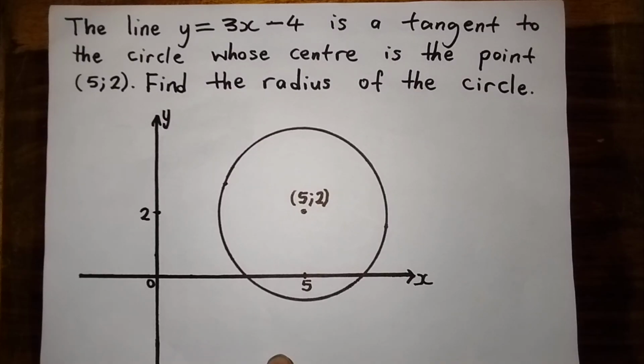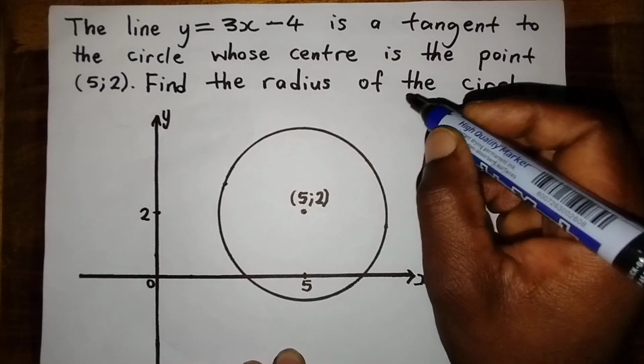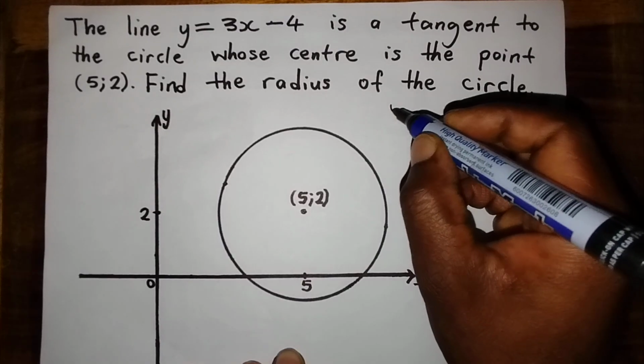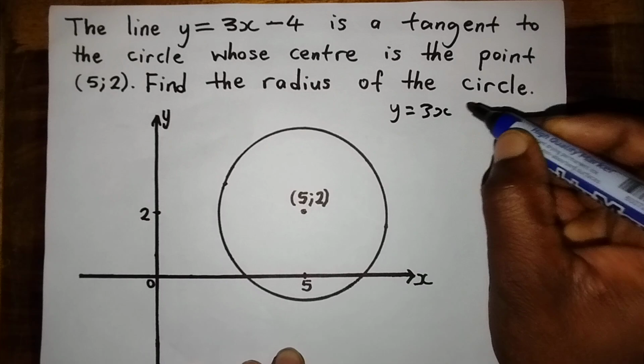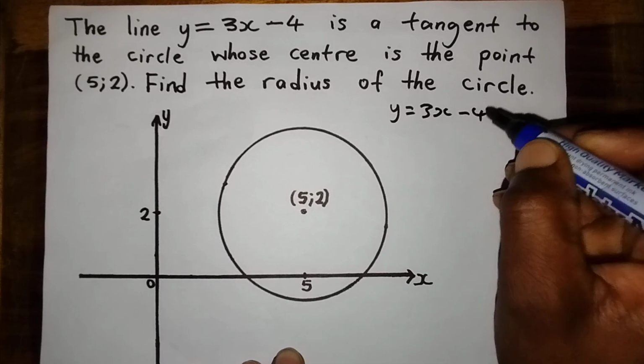So we need the coordinates of the points where this line meets the x-axis and the y-axis. So let me write the equation of our straight line. That's y equals 3x minus 4.